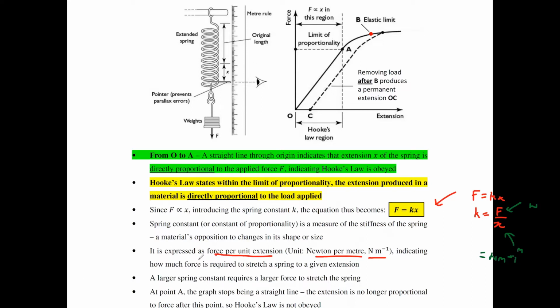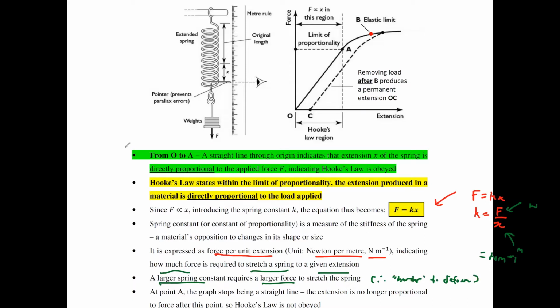It will tell you how much force is required to stretch a spring to a given extension. The larger the spring constant, the larger the force to stretch the spring. Therefore, it is harder to deform because you need to use more force to extend it.